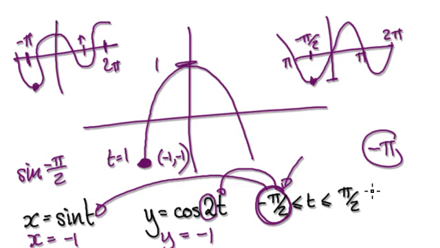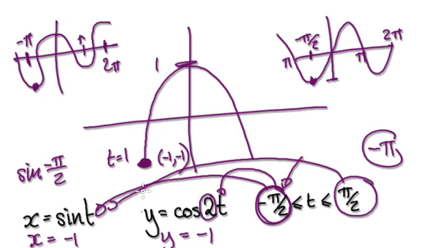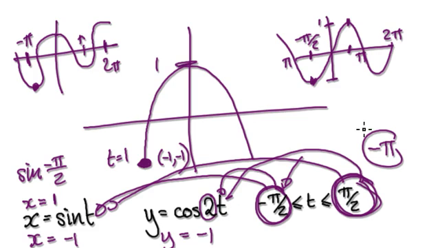Okay, and then now do the same thing for this. So sine of positive pi over 2. So that will be 1. Okay, so at time pi over 2, x will be positive 1. And then now put this into here. So 2 times this thing here will then give you pi.